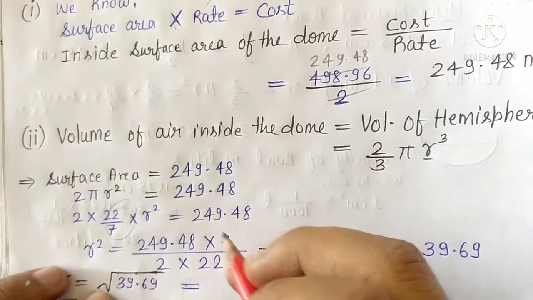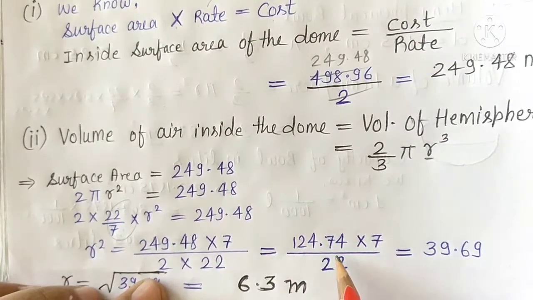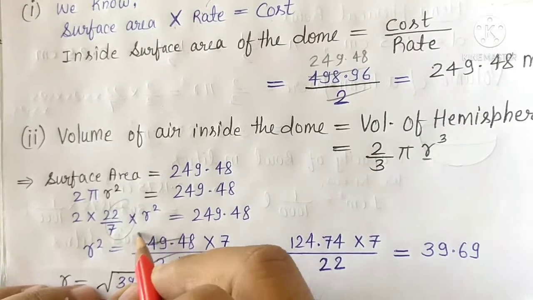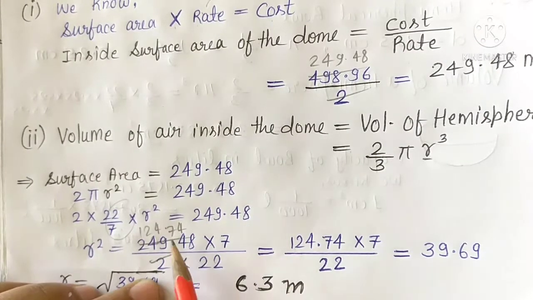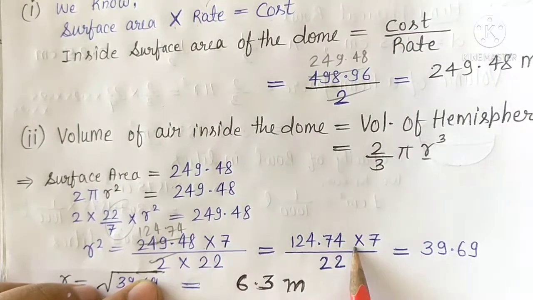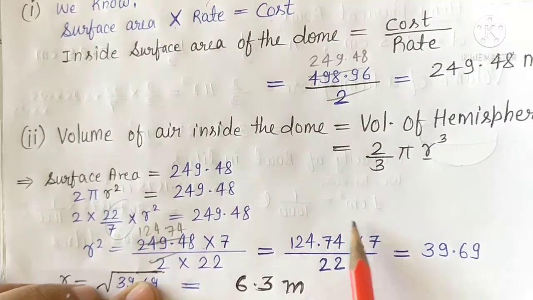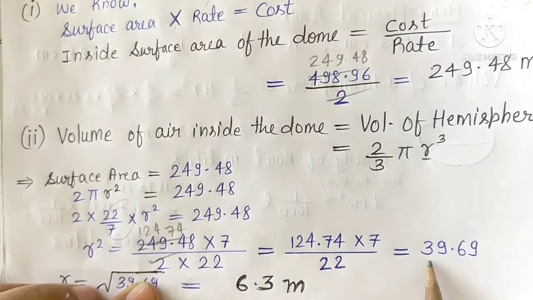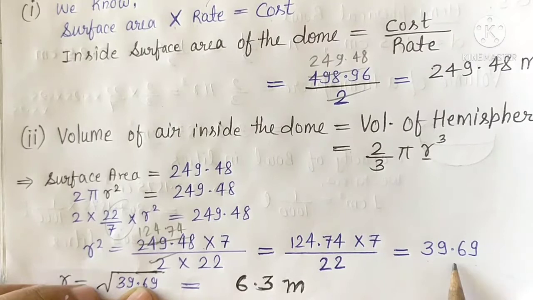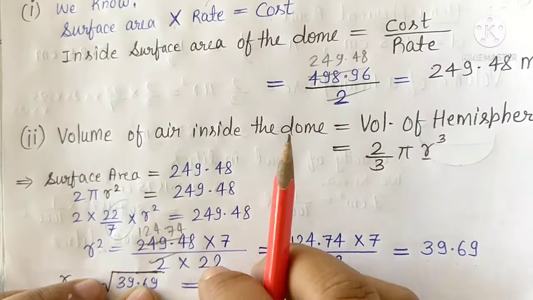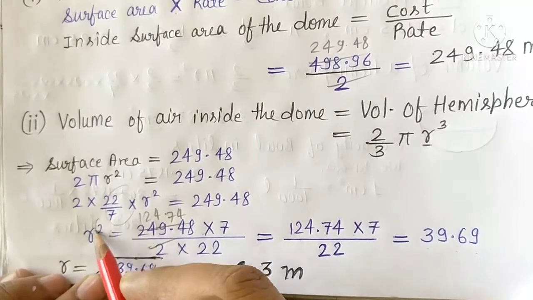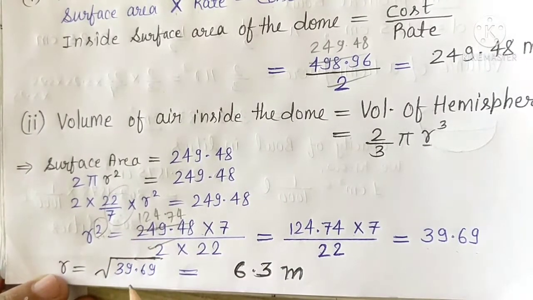When we cut them, it will come 124.74 multiplied by 7 upon 22. We calculate it, and it's coming 39.69. Now this is the value of r square, but we need the value of r only. So we remove the square, and it will come under root 39.69.